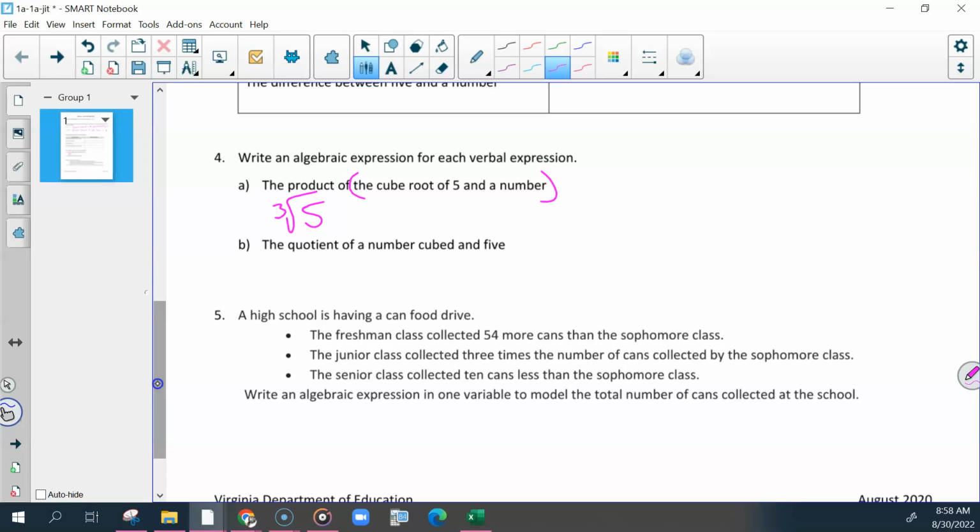Where would our x go? Underneath. Yes. I think if it said the cube root of the product of, then yes.